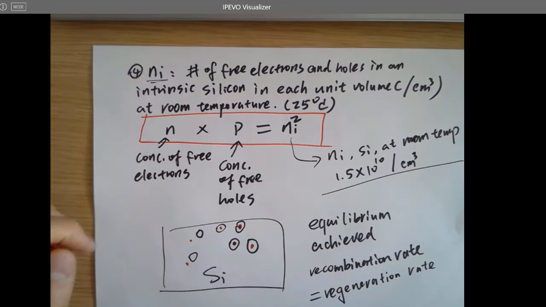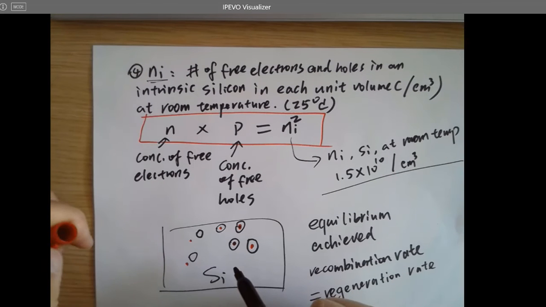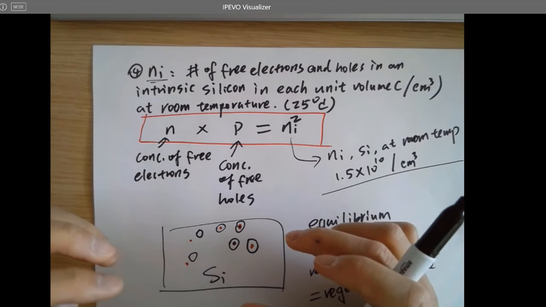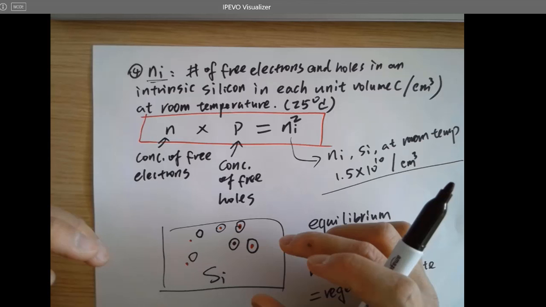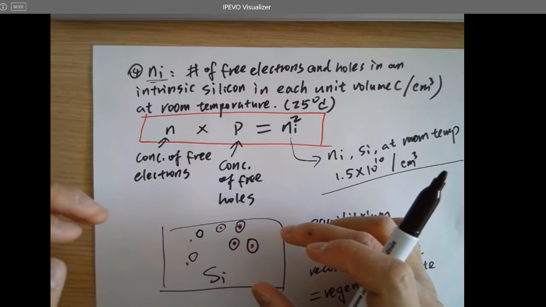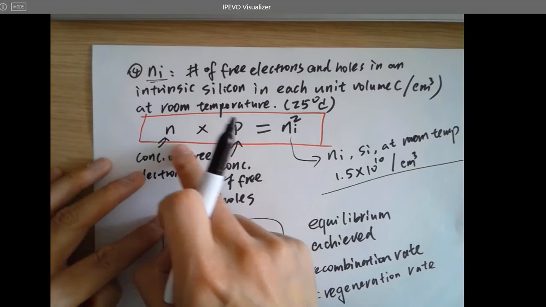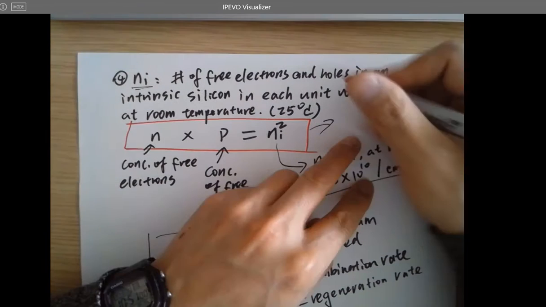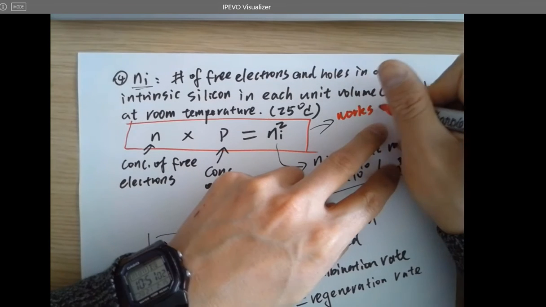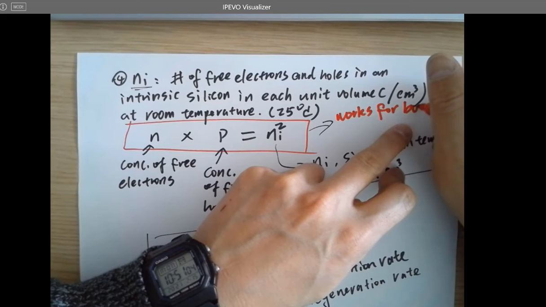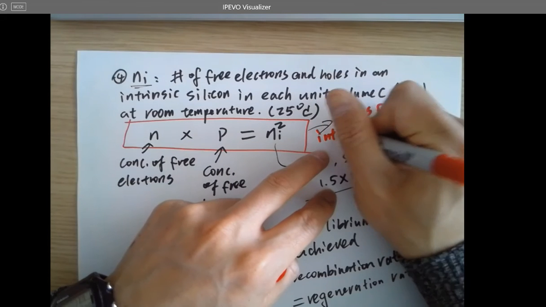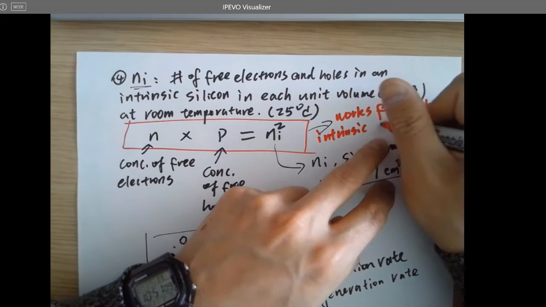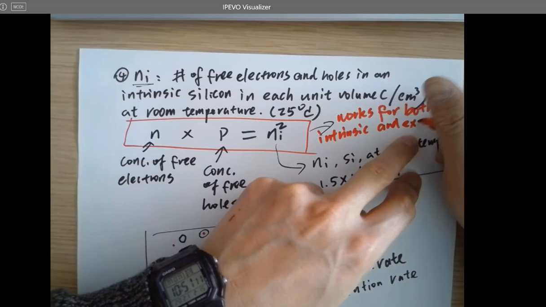And this not only works for intrinsic semiconductors, it also works for extrinsic semiconductors, which means a piece of silicon doped with either phosphorus or boron, and it still follows this rule. So this works for both intrinsic and extrinsic.